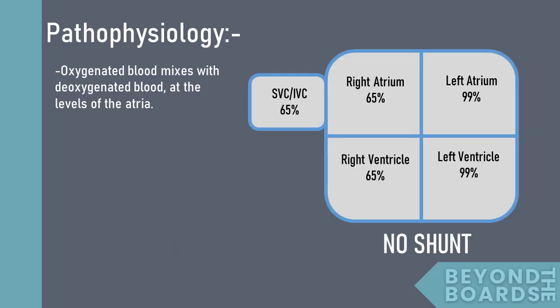The idea of a left to right shunt is interesting because it mixes oxygenated blood with deoxygenated blood, and they usually want to test you on this fact, usually using a diagram. So while normally you have the deoxygenated blood coming to the right atrium through the superior and inferior vena cava, and then to the right ventricle, that blood goes to the pulmonary circulation, gets oxygenated by the lungs, so that the left atrium receives oxygenated blood, which then pumps it into the left ventricle and then the rest of the body.